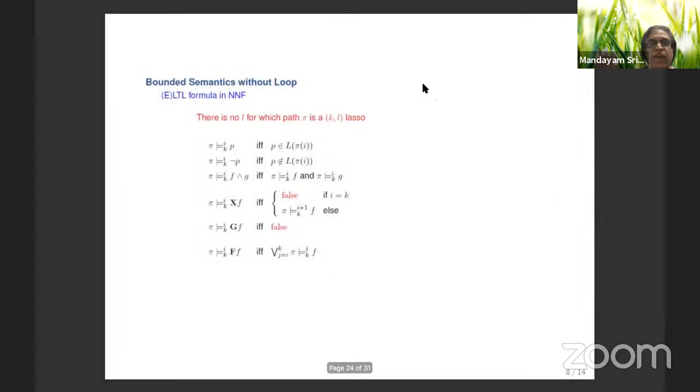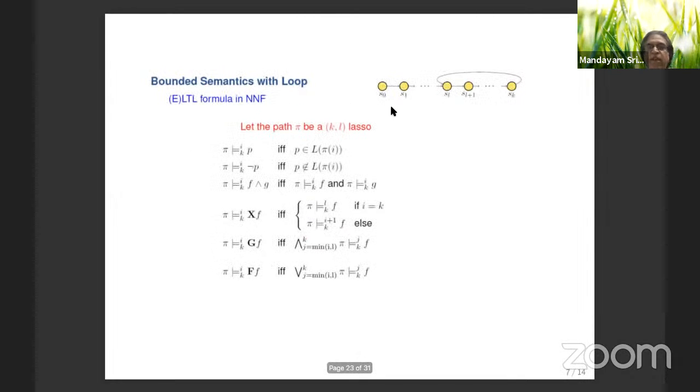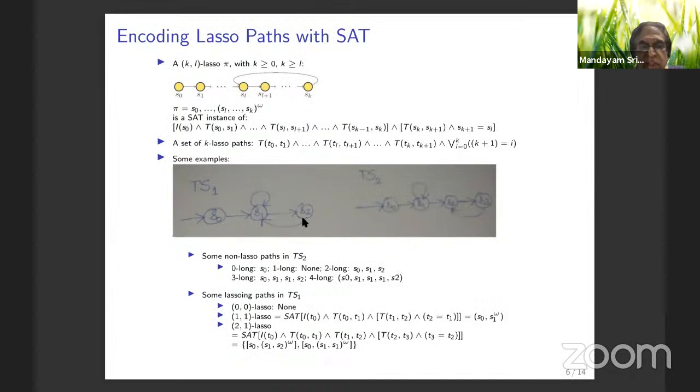So first, let me take the translation. The answer to K satisfaction, whether by looking at just the K prefix you can say the formula holds for an infinite path.